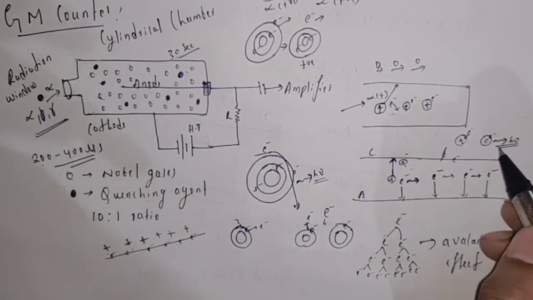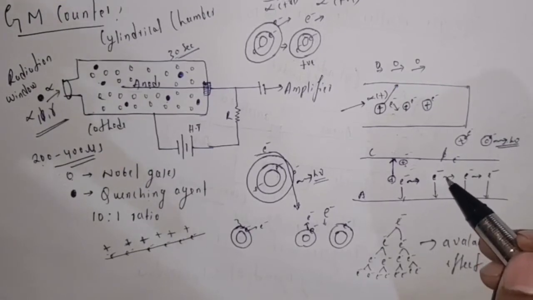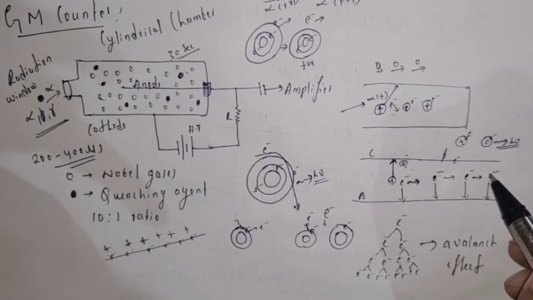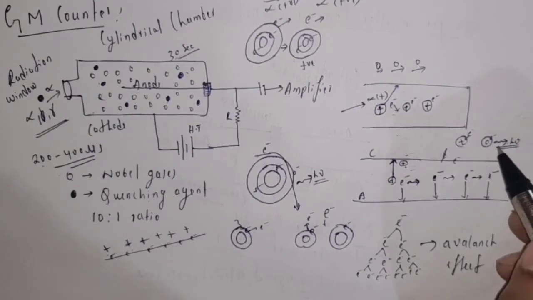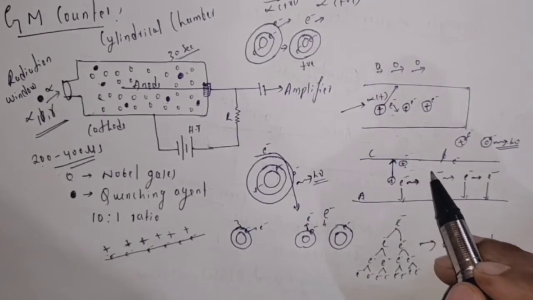We don't want this avalanche effect, so we have added a quenching agent to the cylindrical gas chamber, such as alcohol or methane. It is to reduce the avalanche effect because the particle is already detected in the counter.